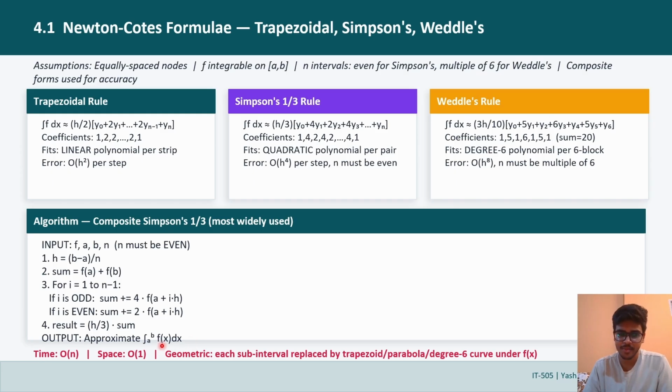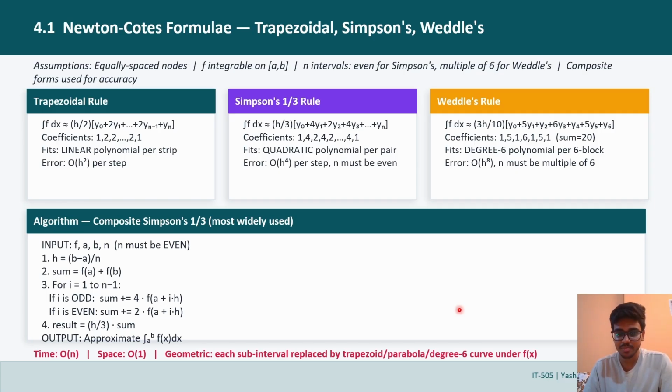Our geometrical interpretation says each method replaces the true curve in each subinterval with a simpler shape. Trapezoidal: straight line, trapezoid. Simpson's: parabola, curvy but smooth. Weddle's: degree 6 curve, even more faithful.